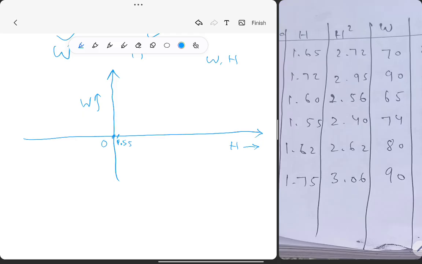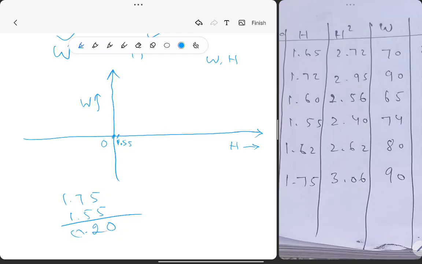Now, what is the corresponding weight? Just a minute. The minimum height is 1.55. Maximum height is 1.75. 1.75 minus 1.55: 5 minus 5 is 0, 7 minus 5 is 2.